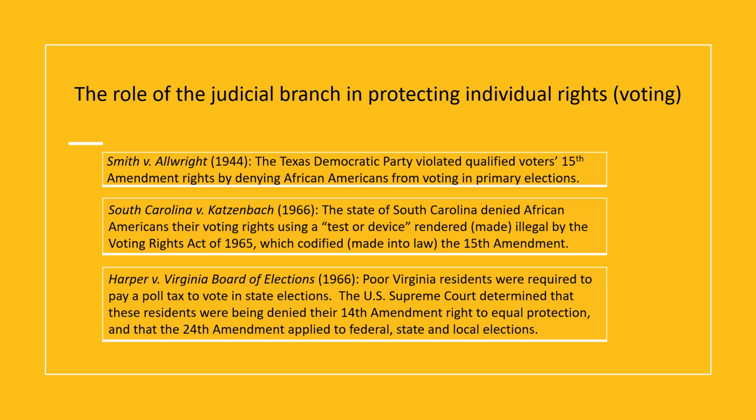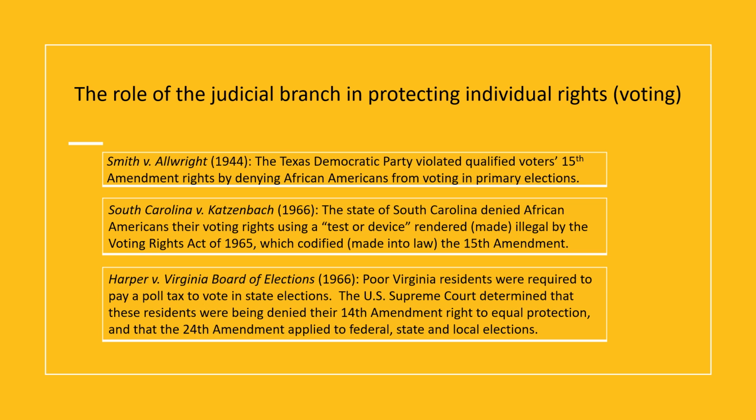But what the Supreme Court did was it created a broad interpretation of the 15th Amendment, saying that political parties do engage in a public process because they are focused on elections, which selects people to serve in government.